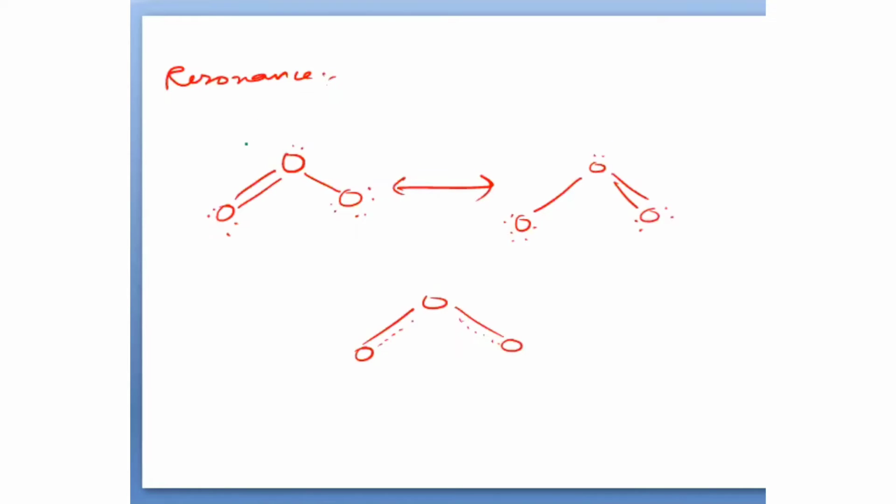Then comes our resonance. Now, as we can see, this ozone has one double bond. So this double bond gets resonated and it can move like this. This is the resonating structure. When compounds like O3, which have one double bond, take part in resonance, they form delocalized pi electrons.